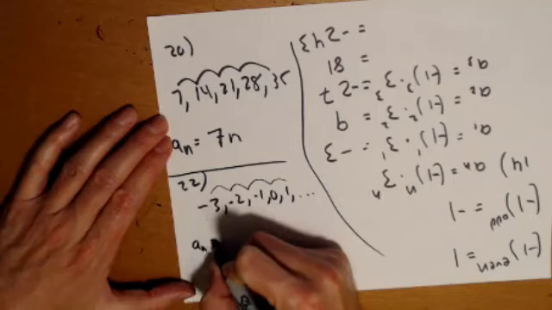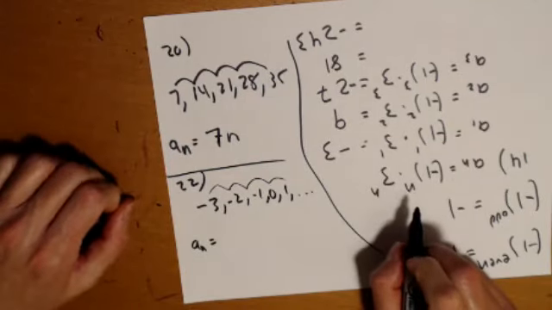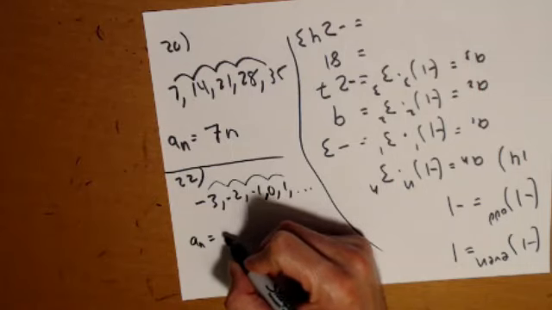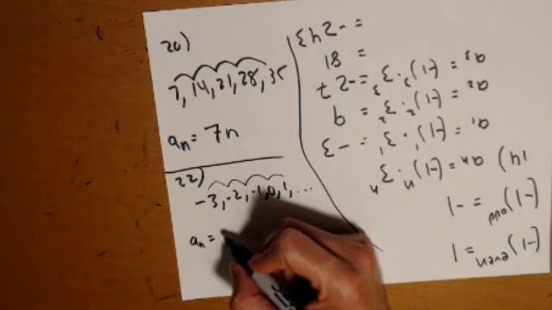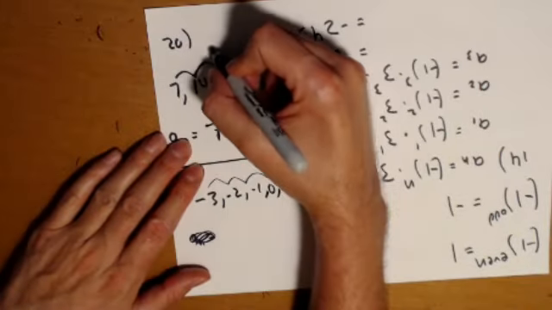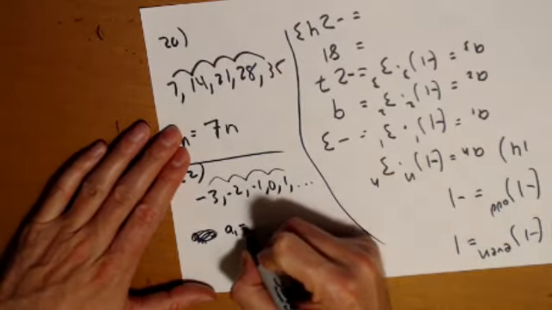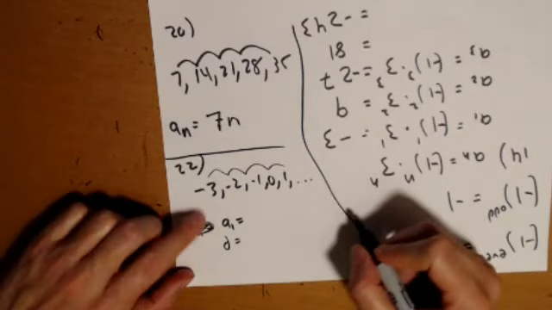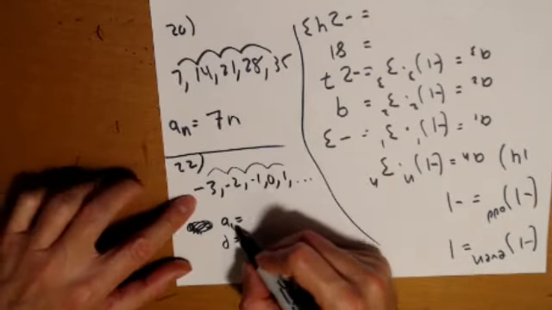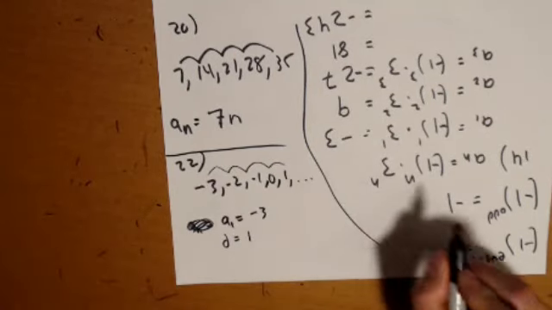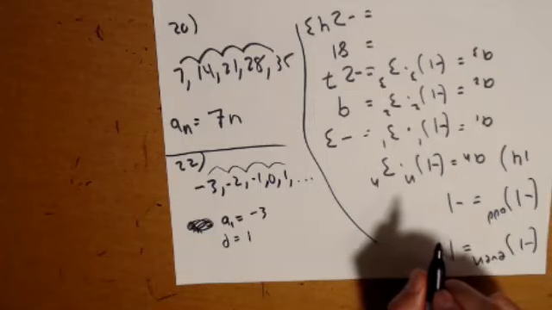So a sub n is going to be, well, the first guy is negative 3. There's got to be a formula in here. I think we're interested in the first number in the sequence and the difference. The first number is negative 3, and then to get to the next number you add 1.